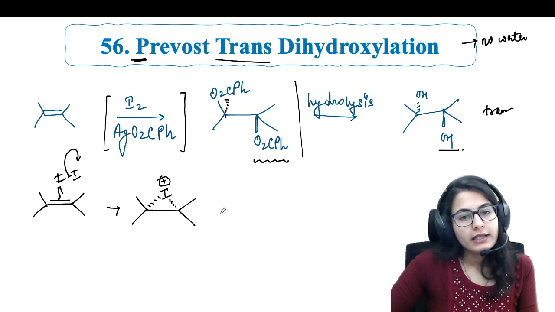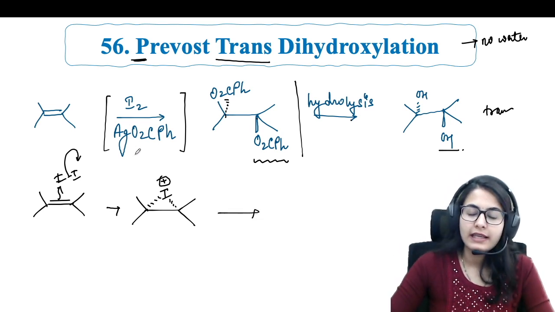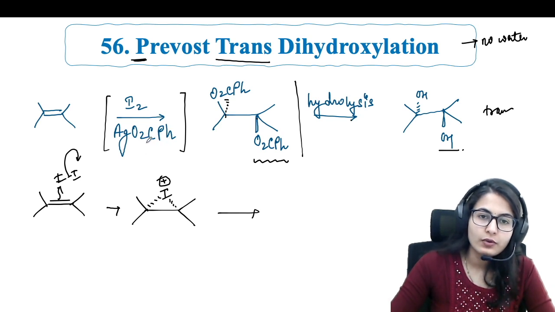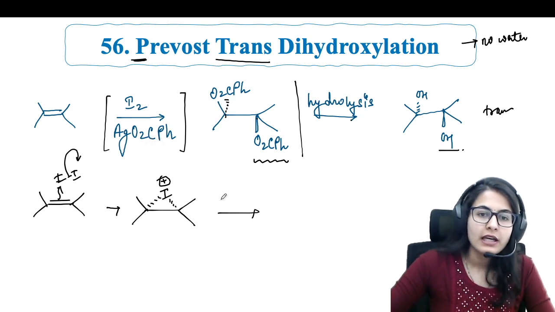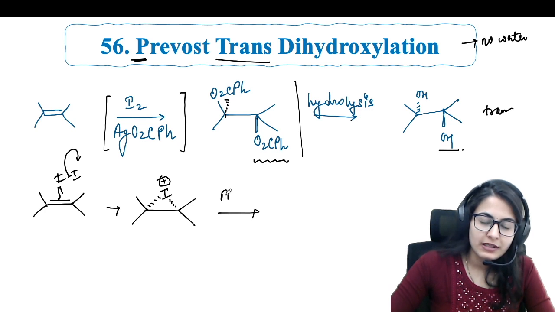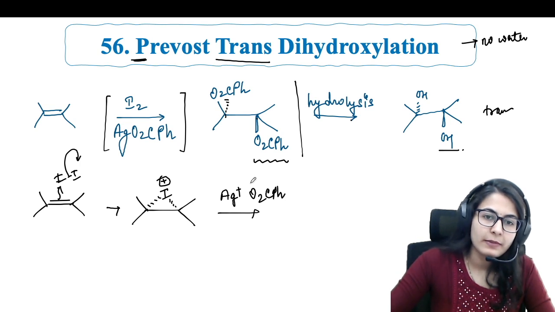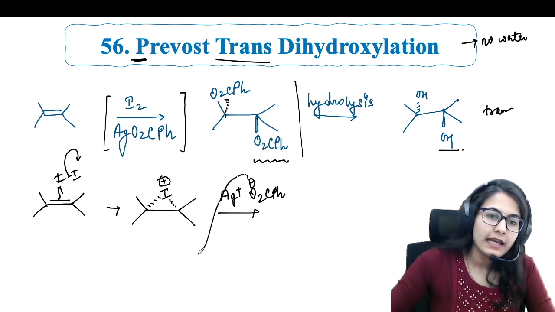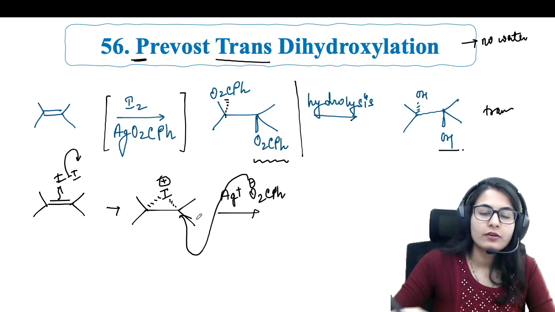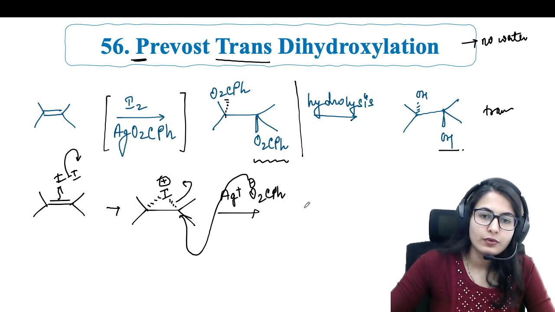But what next? See, if you want to take the benzoate, it's okay. If you want to take the acetate, it's okay, because both of them will have the same functions. I'm taking the benzoate over here. It will do an SN2 attack on one of the sides, and the iodonium bond is going to open up.